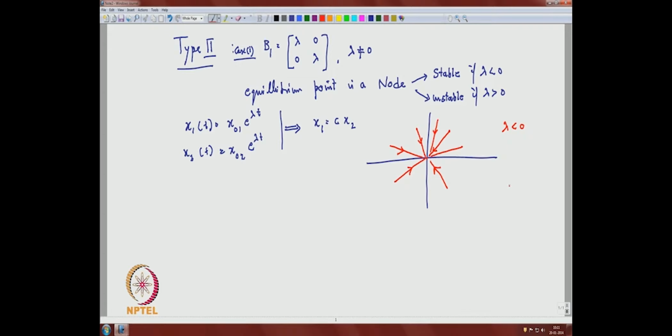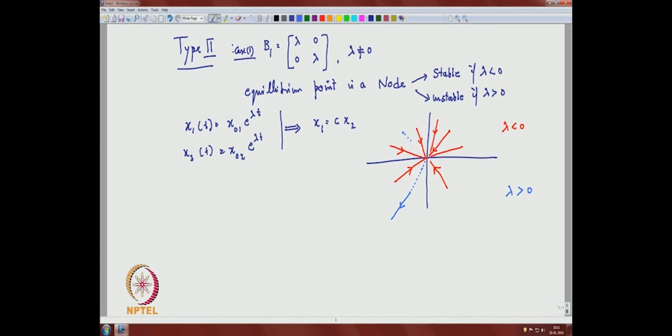If lambda is greater than 0, it is the same picture, but the trajectories move away from the origin. Wherever you start, it will move along the straight line.